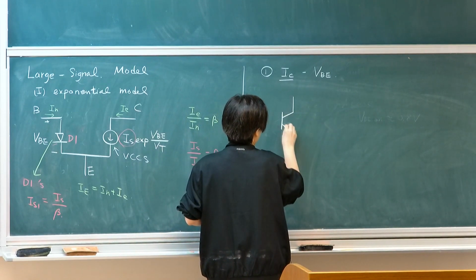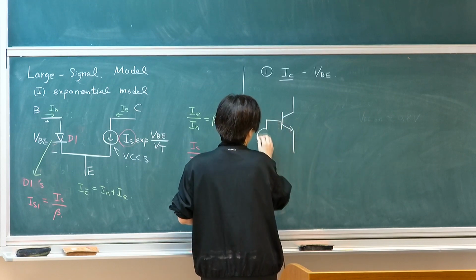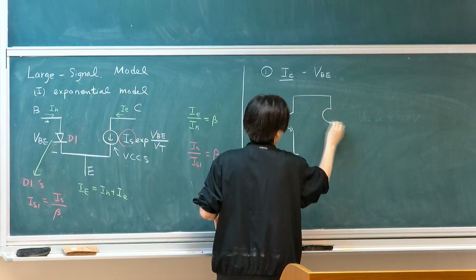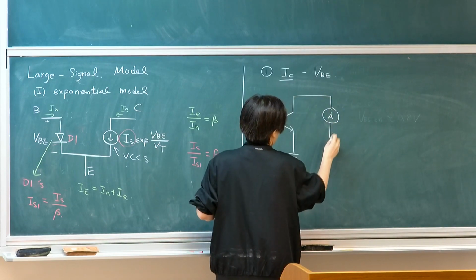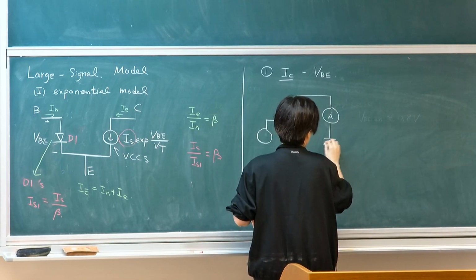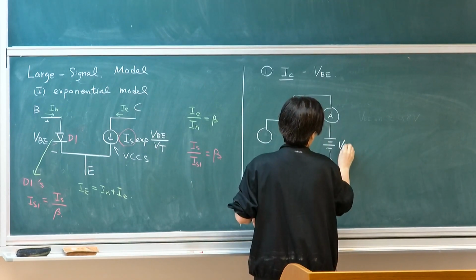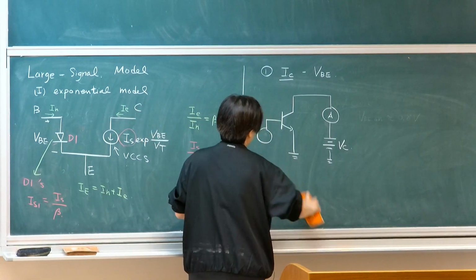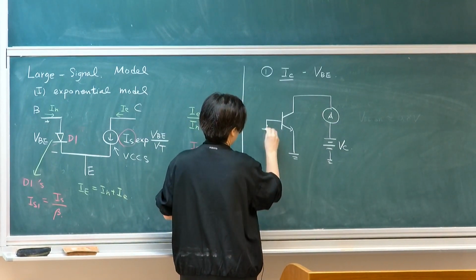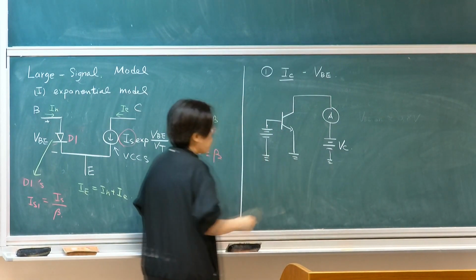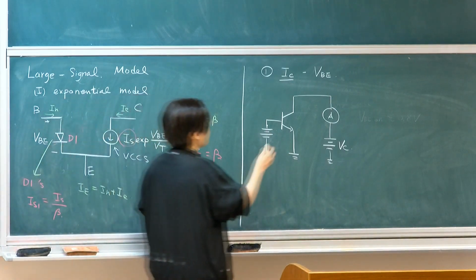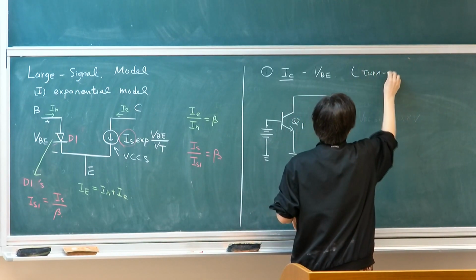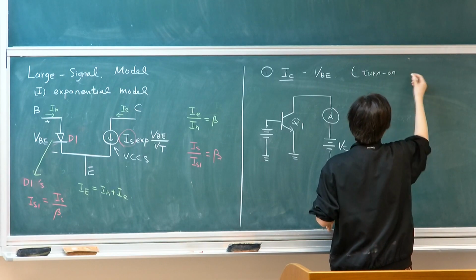The way to test this is to measure under a fixed collector bias while I ramp the input. If you want to test your device, one of the characteristics is the turn-on or control characteristic.